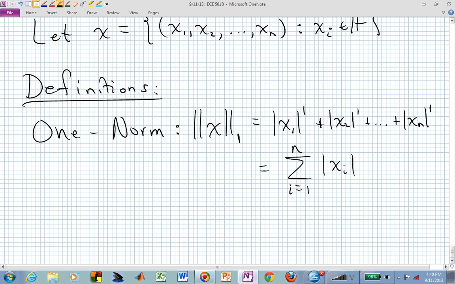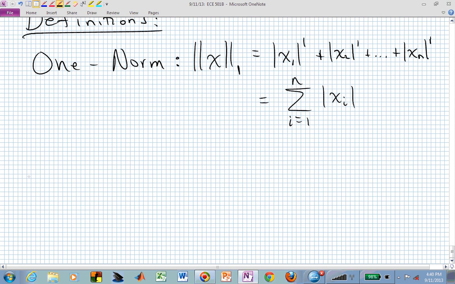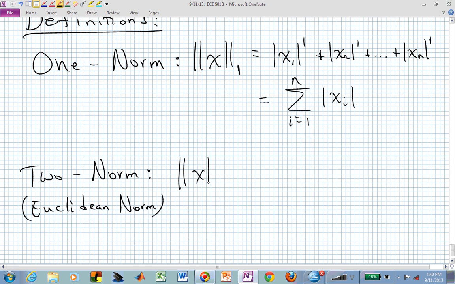The reason we're taking magnitudes is that, one, they could be negative, or in the complex case, we need to make sure that we're just dealing with numbers to get some idea of size. That's the 1 norm. The 2 norm, which is what I was referring to before, we take x1 and square it.